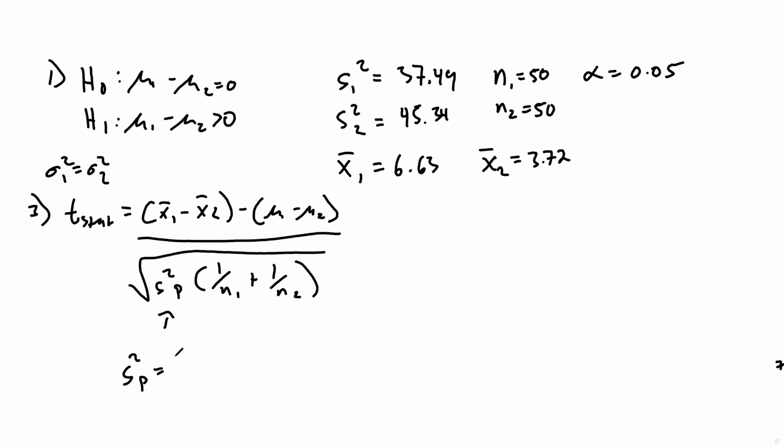So your pooled variance formula, just in case on the final I don't do that for you, is as such. Again, you're plugging all these values in; all you need to know is the formula, and you have a formula sheet. So again, work smarter, not harder.